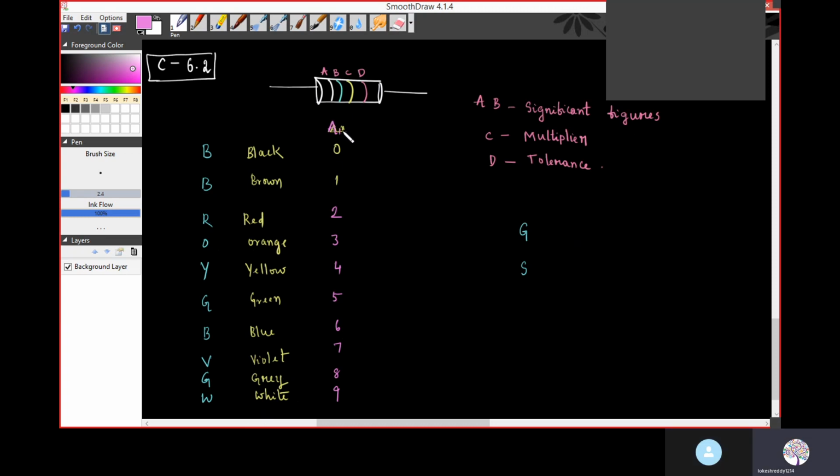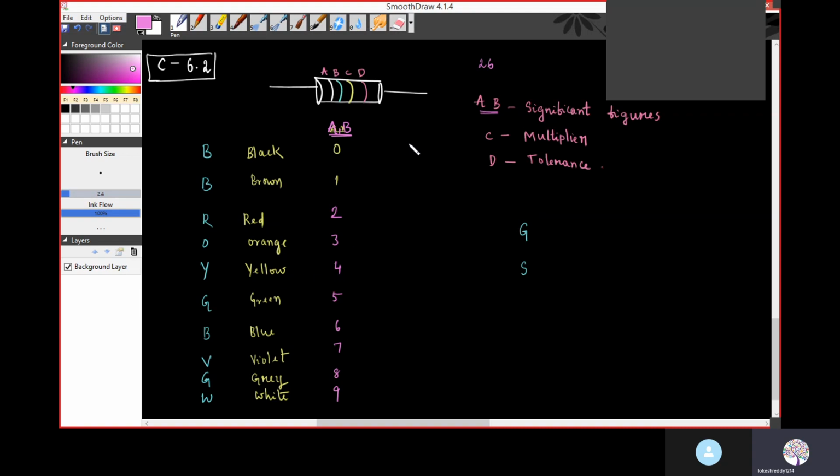This is for both A as well as B. That means if the first one is red, then we will write 2. If the next one is blue, then we will write 6. Because A and B are significant figures, if red and blue are there, red is 2 and blue is 6.